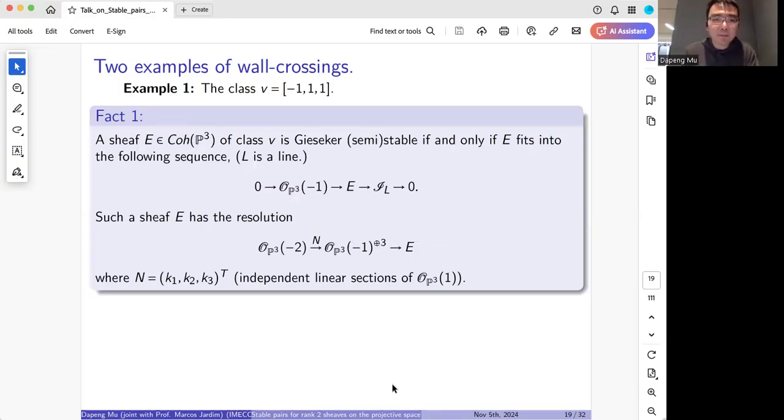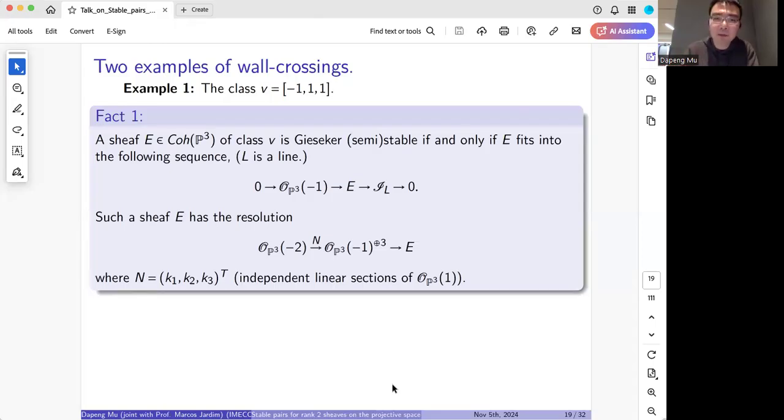Firstly, we have a description of Gieseker semi-stable sheaves of that class. A sheaf E of this class is Gieseker semi-stable if and only if E fits into the following sheaf sequence. In other words, E corresponds to a curve for any section if it exists.